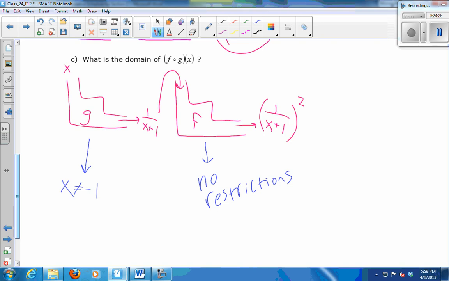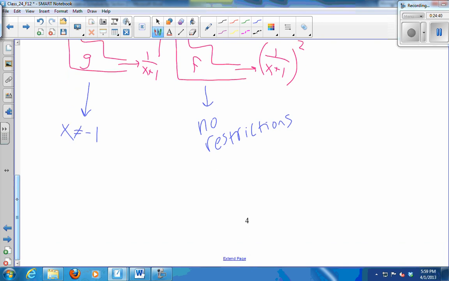So I can put in whatever I want. Whatever comes out of G can go into F, no problem. If it went through G, fine, then the output will go through F just fine. So I only have one restriction, -1. I get -infinity to -1, union -1 to infinity is my domain.